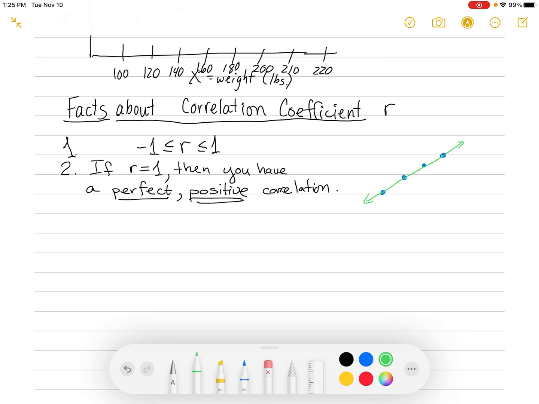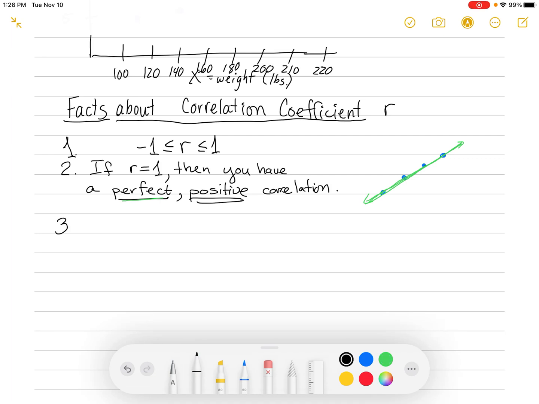So perfect means the points line up perfectly, and positive means the line is moving in an upwards direction as you go from left to right. So anytime you calculate a correlation coefficient of 1, that means you're going to have this increasing line and all the points line up perfectly.